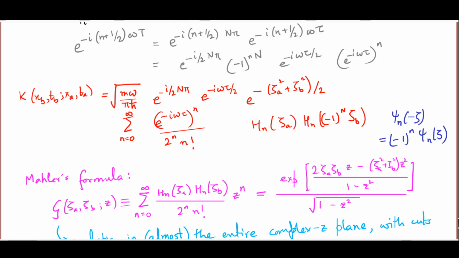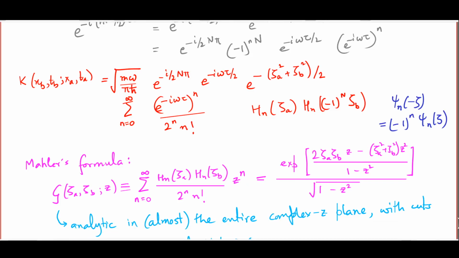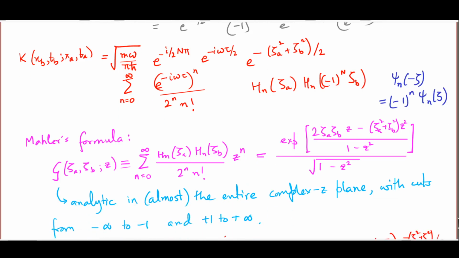But I would like to point out something which we did not worry about too much in the last lecture. This generating function, seen as a function of the complex number z, happens to be analytic in almost the entire complex z plane. However, the presence of this 1 by square root of 1 minus z square factor tells you that z equal to 1 and minus 1 are difficult points.